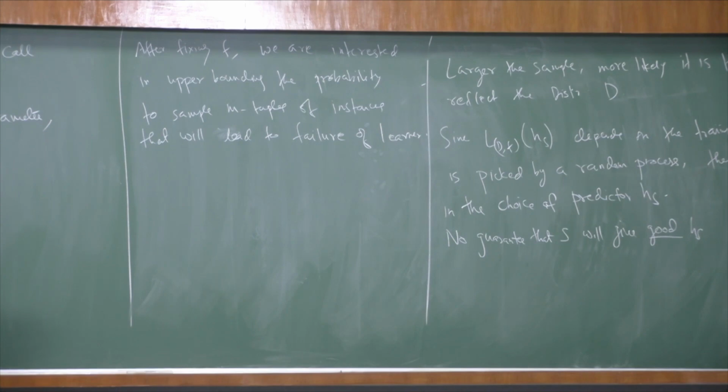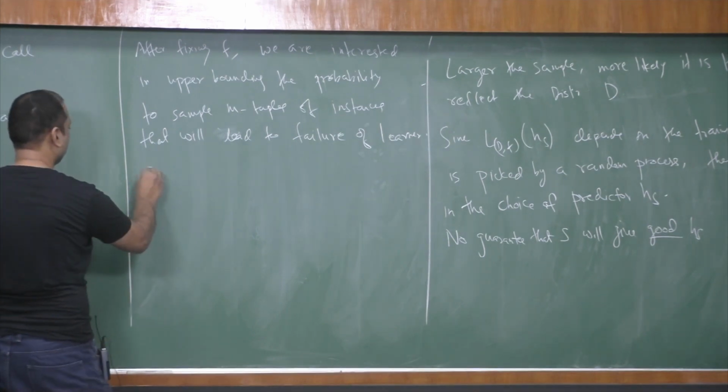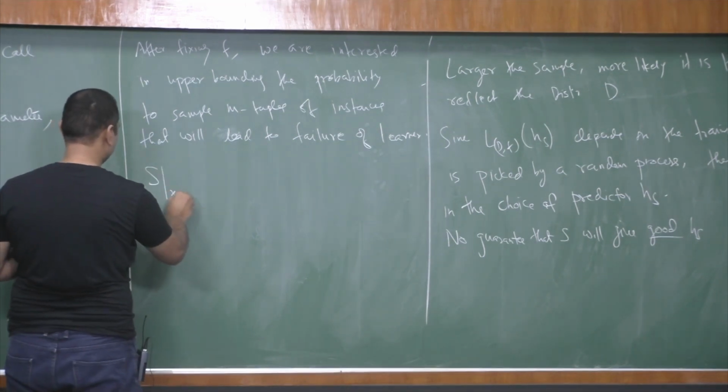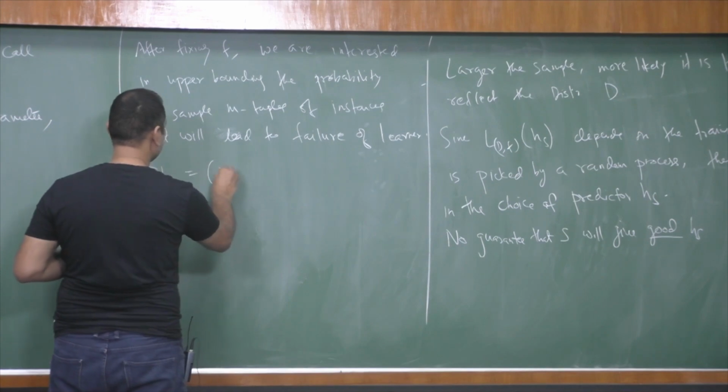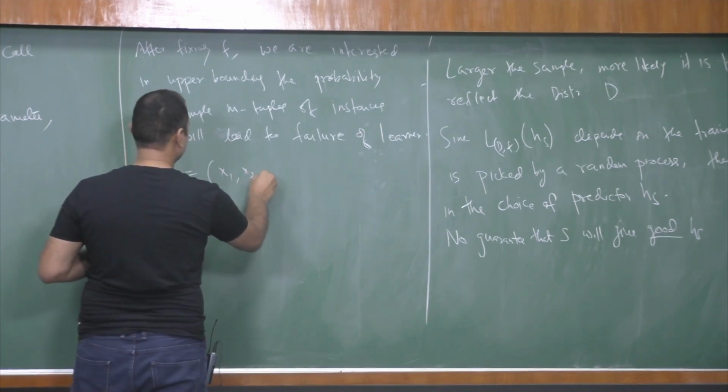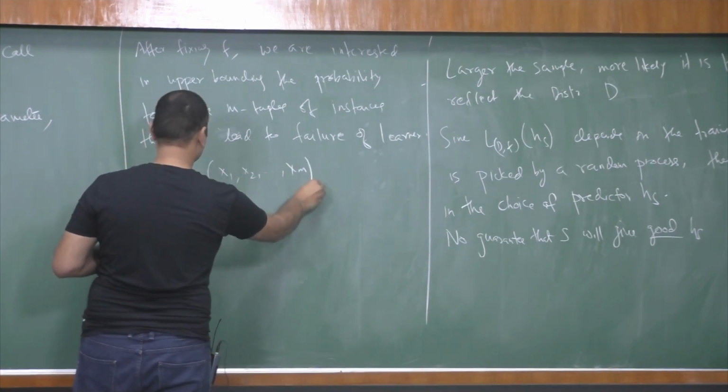Now let us define a notation, S restricted to x. When I write this, it's restricted only to the features, without labels. So this is a sample restricted only to the features, not the y labels, and there are m of those.